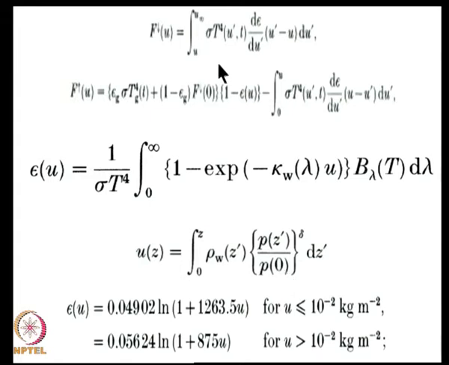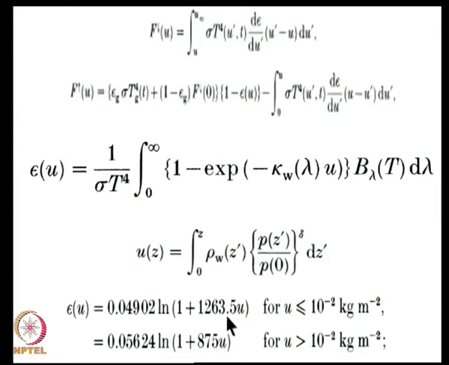Now, the emissivity that appears in these equations can be fitted into two results, both involving logarithmic function, and one is for values of path length below 0.01 kg per meter squared, and the other is those with path length above 0.01 kg per meter squared.